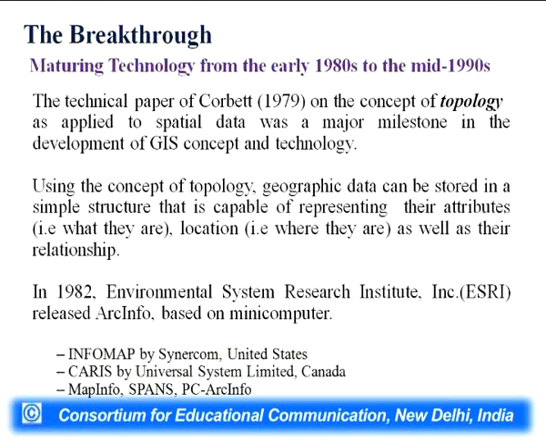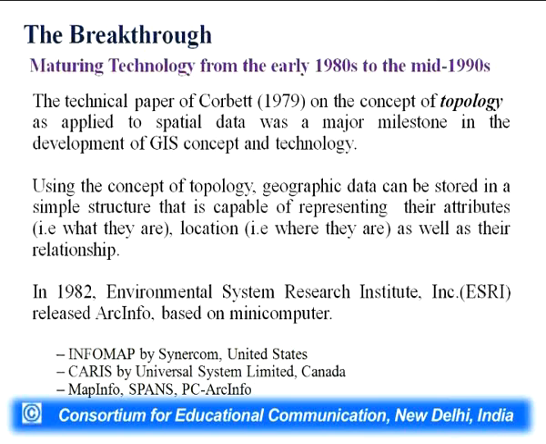Earlier we used to store data separately: raster data, separate attributes data, and separate vector data, and attaching the attributes to this vector data was difficult. But with the development of topology, now we can store and manage our vast GIS data in a very simple and nice manner.